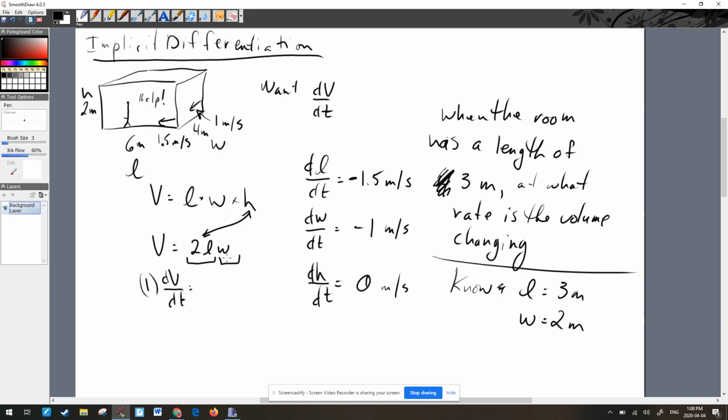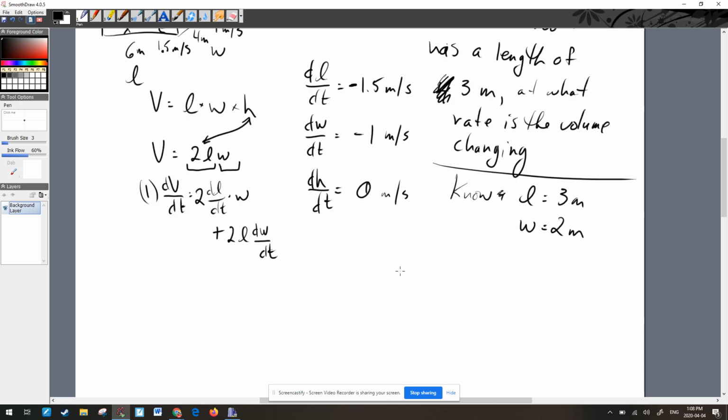So anyways, back to where we were. We're going to differentiate, so there's going to be product rules. The derivative of the first is going to be 2, but we differentiated L, so dL by dt, times the second, so first times the second. Plus the first, which is 2L, times the derivative of the second. The derivative of W is just 1, so 1 times dW by dt. So there's my actual derivative.